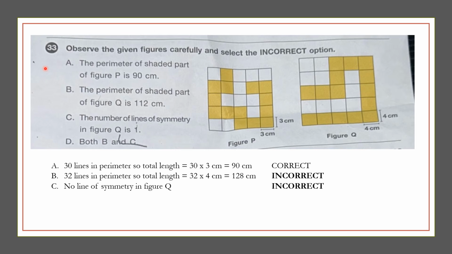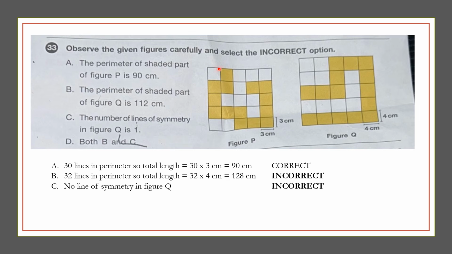Question number 33. Observe the given figure carefully and select the incorrect option. A. The perimeter of the shaded part of figure P is 90 centimeter. So let's count the total number of lines and then we can multiply by 3.